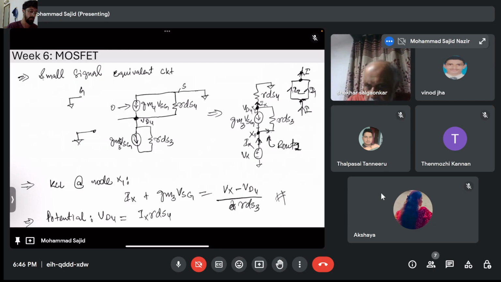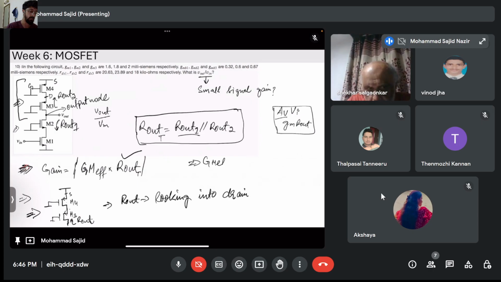So to find the GM effective, what are the steps? Ground V output. When I ground this V output, can you see that the above circuit need not be considered in the analysis, because V output is now grounded. So you only consider M1 and M2.